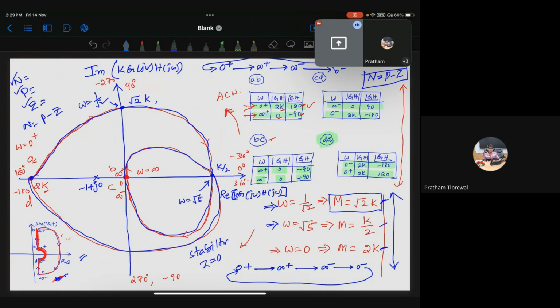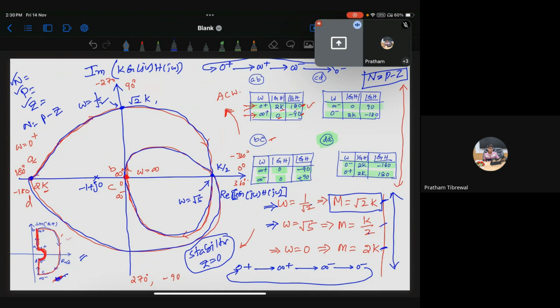Z must be equal to 0. Sir, what are P and Z? Z is the closed loop poles on the right hand side, and P is the open loop poles on the right hand side.